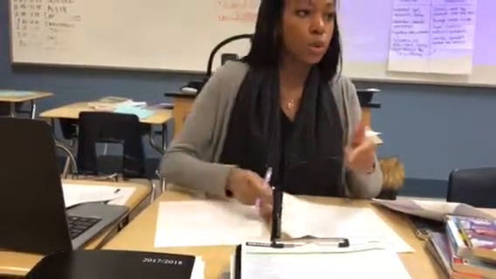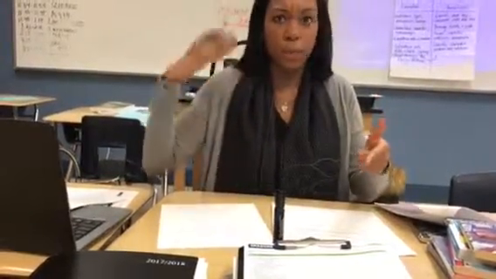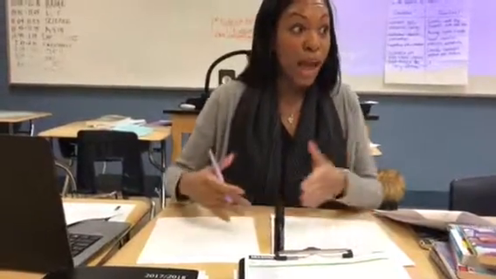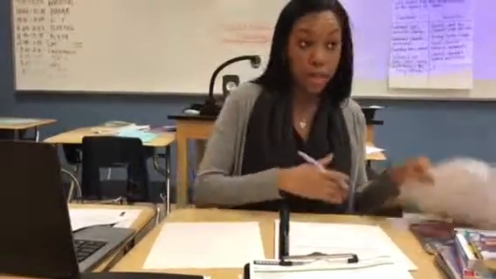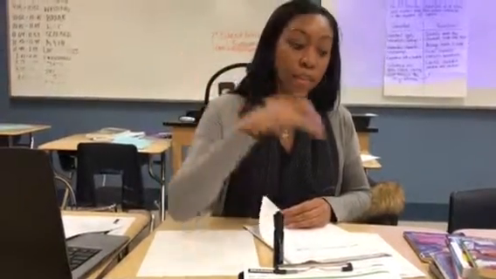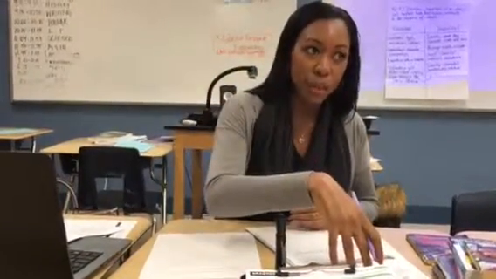And the way that we want her to be able to make an inference is by using what the character says and does and what we just know about when people say and do those things, and how we can make an inference on their trait. So we would then have them go back to certain parts in the text of where the character says and where the character does certain things, and ask them, what does that then tell us about this character, and have them make that inference. Then we would go back and fix our work.